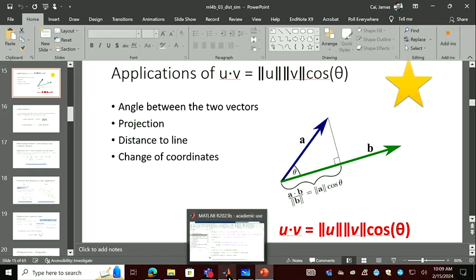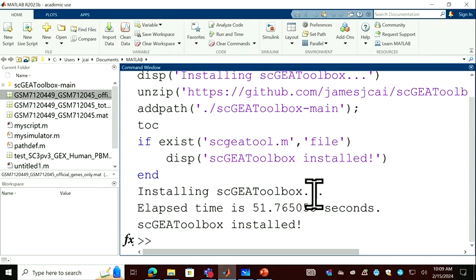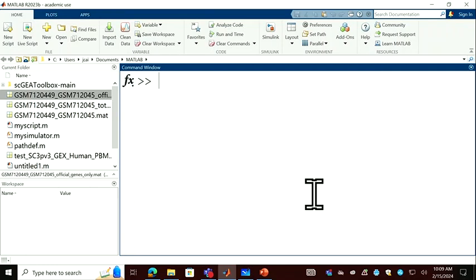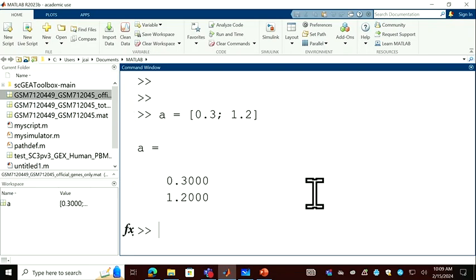Now we are going to use an example to do this. So we are going to use B as our new axis. Now A is a vector, let's see, 0.3, 1.2. I just made it up.